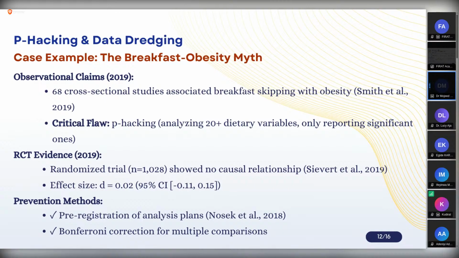In a randomized control trial, there is pre-registration of analysis plan. Then correction for multiple comparisons can be done. Because multiple comparisons can lead to what we call false positives. So if you fail to correct for multiple comparisons, you are going to have false positives. Let's go to the next slide.